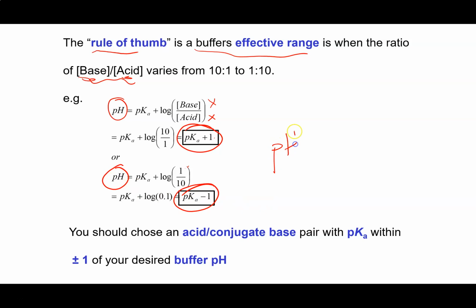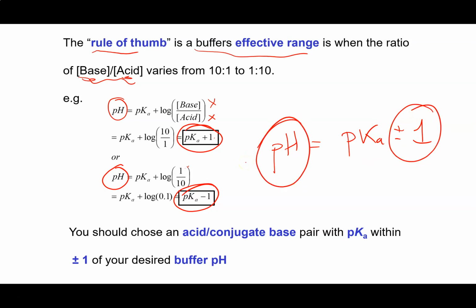So we tend to pick a weak acid conjugate base pair that has a pKa within 1 unit of the pH that we'd like to buffer at. There are tables of pKa's in the back of your book, and if you were looking to buffer at, say, a pH of 7.4, which is a physiological pH, you're going to look for something that has a pKa between 8.4 and 6.4, and there'd be a variety of options there for you.